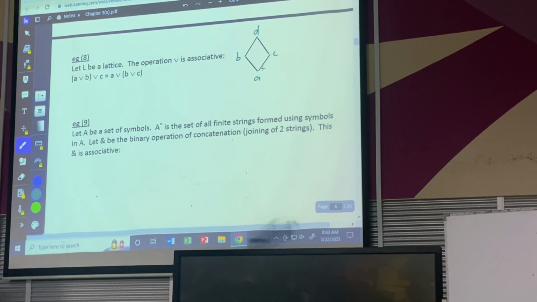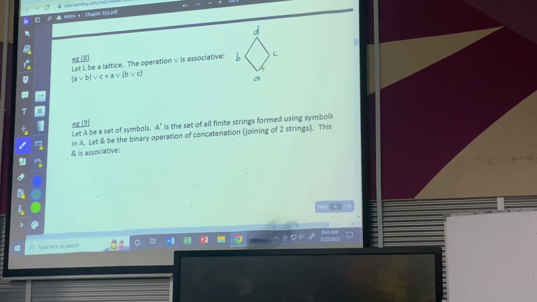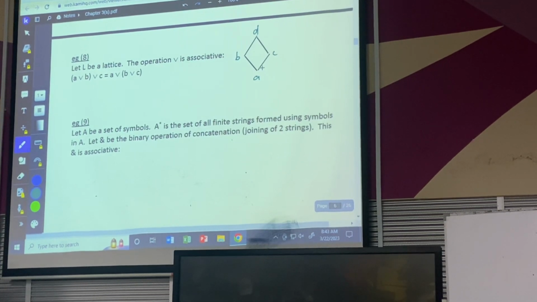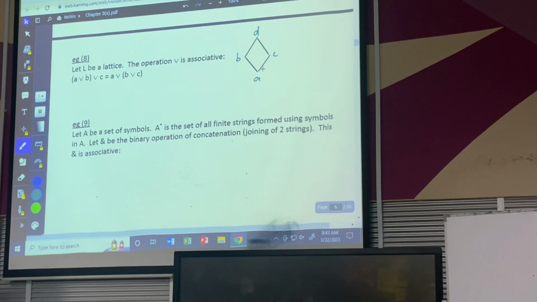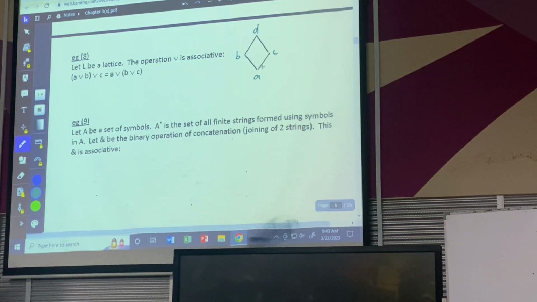A. For B and C? Greatest lower bound for B and C? A. Greatest lower bound for B and D? B. C and D? C. So that means for any two elements you can find the greatest lower bound, right?